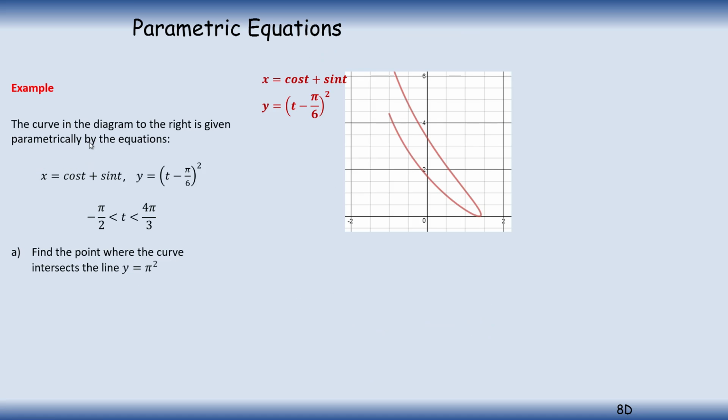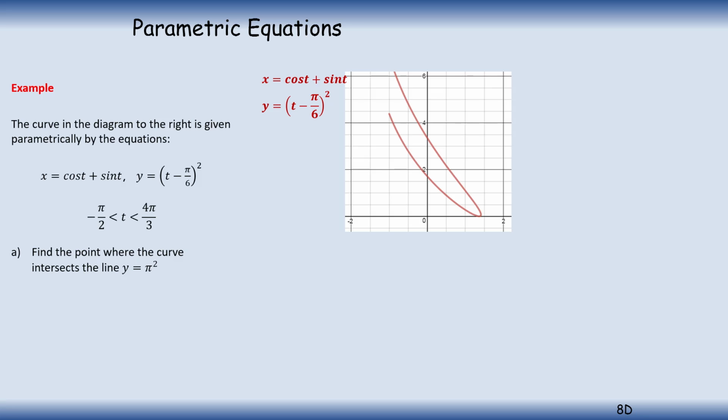Okay, this example then, we've got that curve on the right given by the parametric equations x equals cos t plus sine t and y equals t minus pi over 6 all squared. And that ranges between minus pi over 2 to 4 pi over 3. And we want to find a point where the curve intersects a line y equals pi squared.